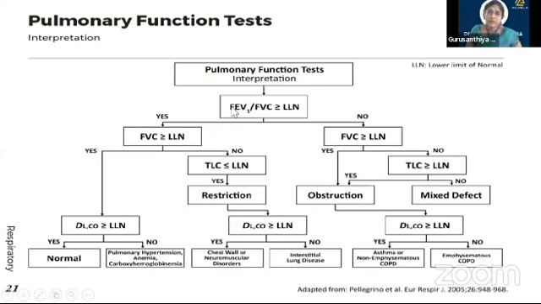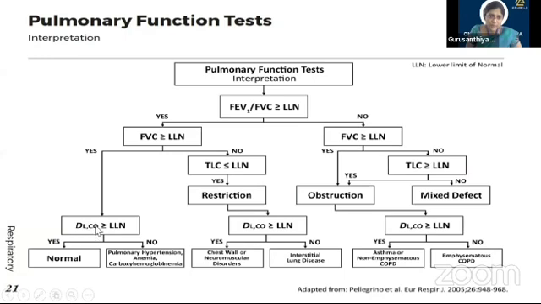First of all, you see the FEV1 by FVC. If it is more than the lower limit of normal, which is 80% or 70% or 0.7, and the FEV1 by FVC is normal, then you see the FVC. If the FVC is again normal, it means every other parameter is normal. Then you see the diffusion capacity.